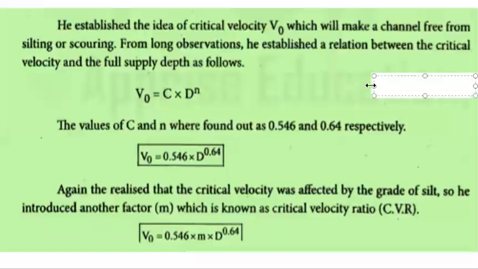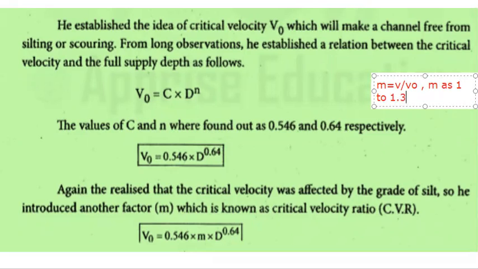So M is equal to V divided by V0, right? And M varies from 1 to 1.3, right?